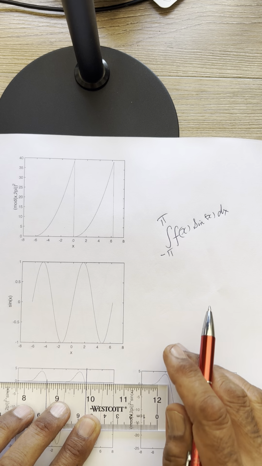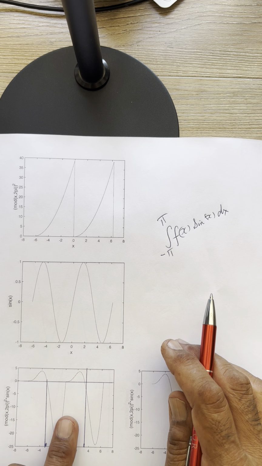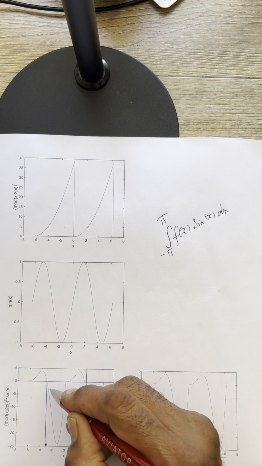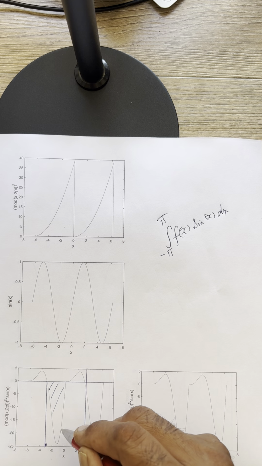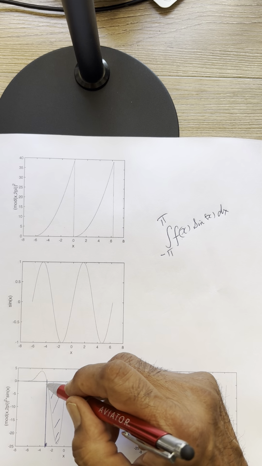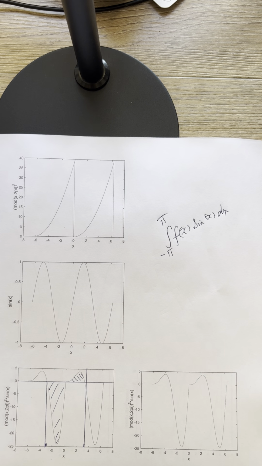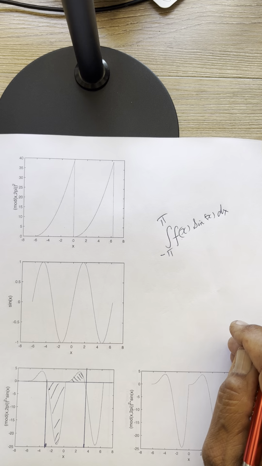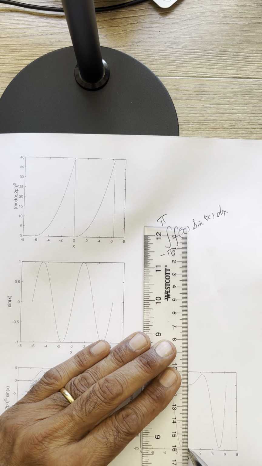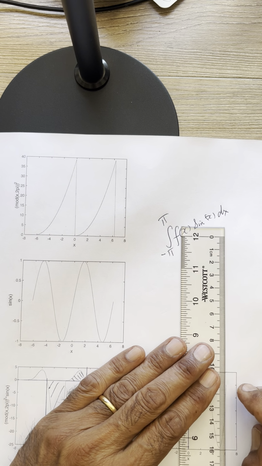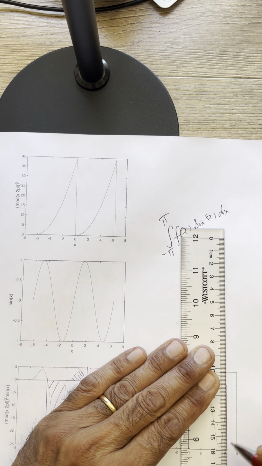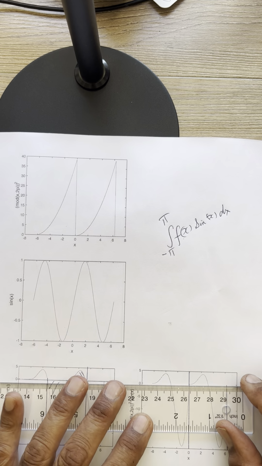So the integral minus pi to pi of this function, which is y equals x squared multiplied by sine of x, is negative here and positive here, and that's it. The sum of these two areas is that integral. If I were to try to integrate 0 to 2 pi, at 0 it'll be like this, that'll be the line 0. 2 pi would be something like this, approximately like that. And the y equals 0 line is the same as before.